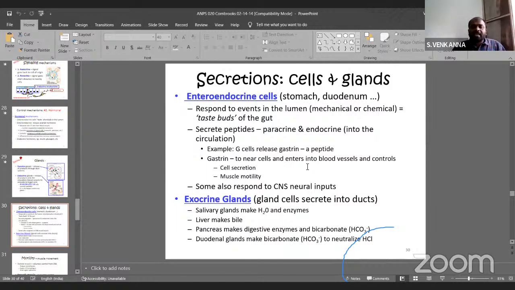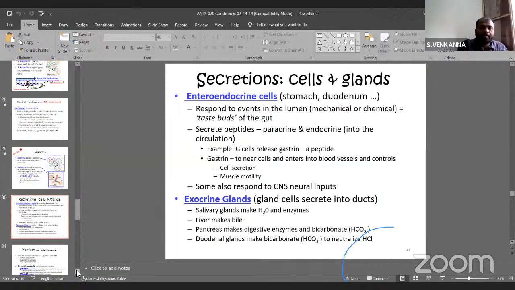The pancreas makes digestive enzymes and bicarbonate, HCO3. Duodenal glands make bicarbonate to neutralize the HCl, hydrochloric acid. So this is the glands' secretion, cell glands, and the next one.